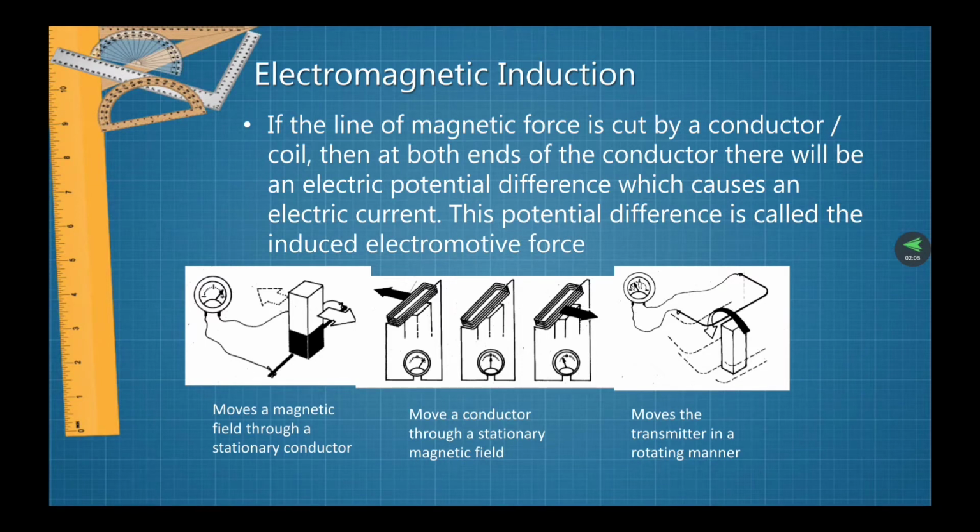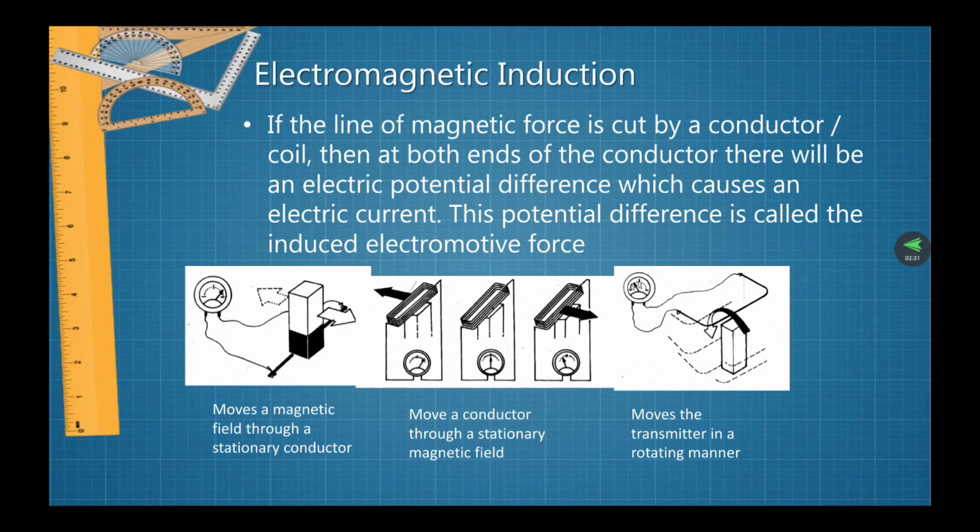If the line of magnetic force is cut by a conductor or coils, then at both ends of the conductor there will be an electric potential difference which causes an electric current. This potential difference is called the induced electromotive force.